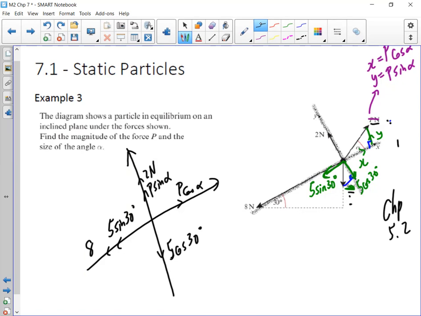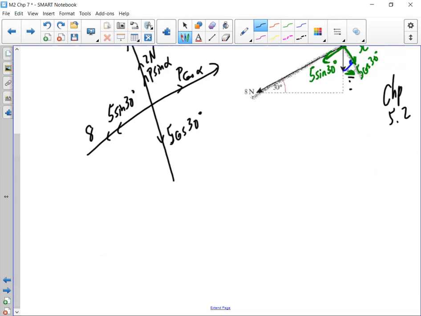Third step, because equilibrium, okay, we love the word equilibrium. So equilibrium means left force equals the right force. So left force is 8 plus 5 sine 30. Right force is p cos alpha.